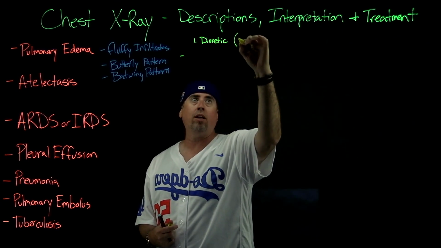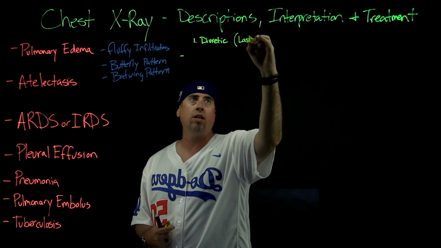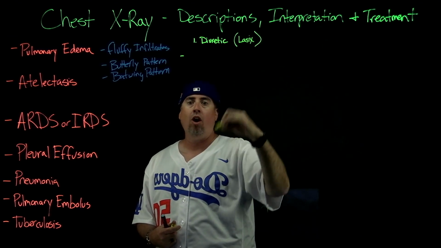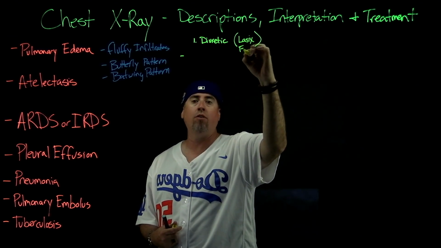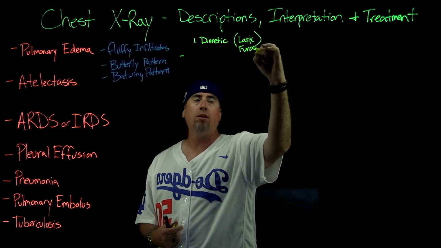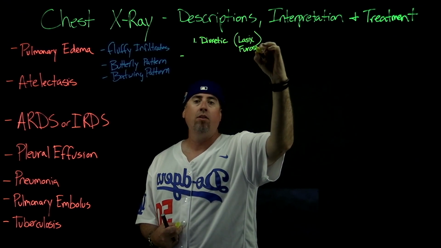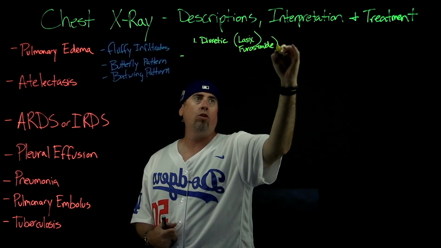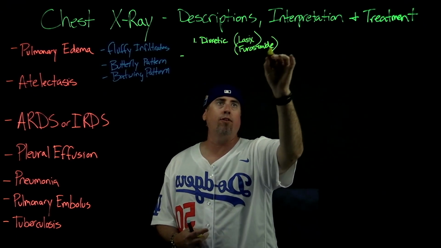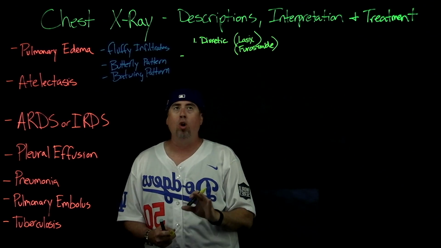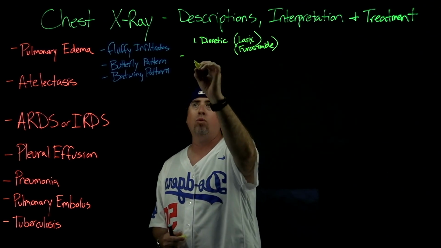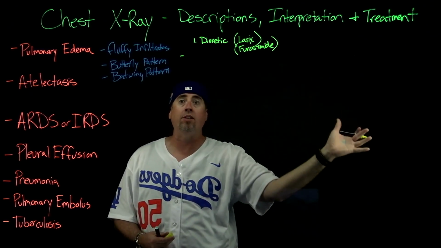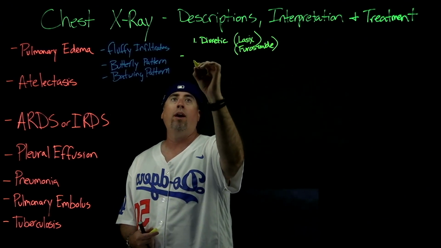And that diuretic is very common, you should have heard of this: Lasix. Another term for this is furosemide. Those are diuretics, and that's what we want to give for pulmonary edema to get rid of some of that fluid.